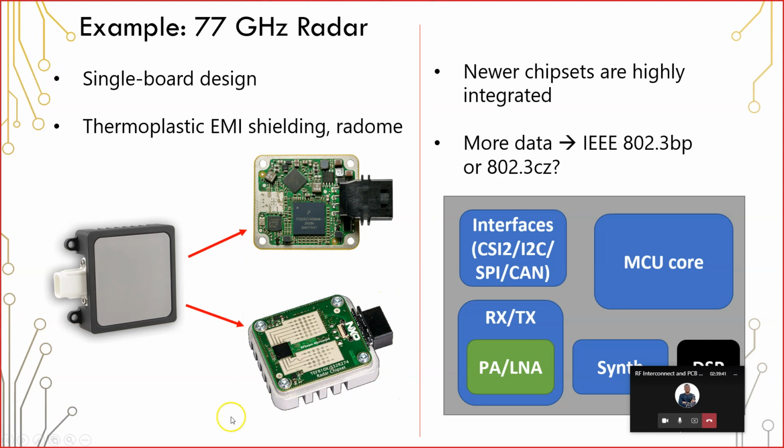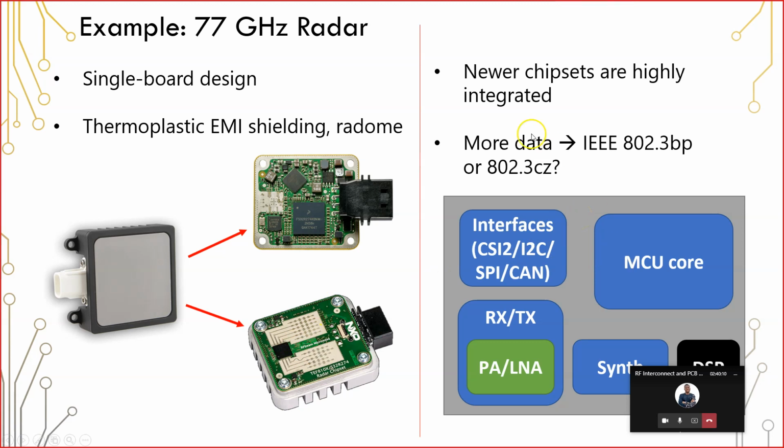This NXP reference design operates at, I believe, 77 gigahertz. It may be a 24 gigahertz radar, but even then, they can still do MIMO at 24 gigahertz. But I believe this is a 77 gigahertz radar. And this is all a single board design. We have all of the digital stuff on the back side, and then we have our transceiver on the top side, and that transceiver is connected directly to our antennas.